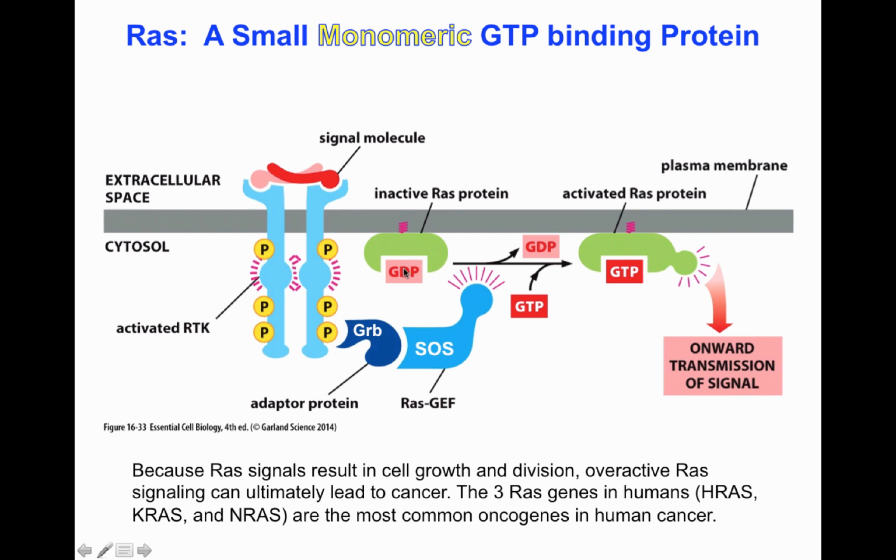So now that SOS has facilitated the exchange of the GDP in RAS for a GTP, RAS is an active G protein, and therefore it can perform functions to activate signals down the path.